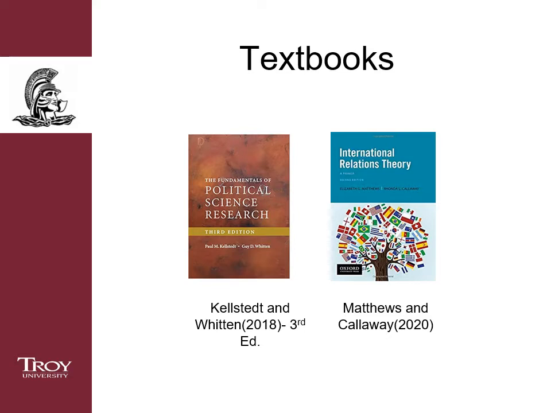We get through the Matthews and Callaway early in the course, and there are a lot of very significant readings through Troy's library. We have subscriptions to online journals, and so we have these older articles in there. So there's a tripod of readings: two texts and then all those online readings.